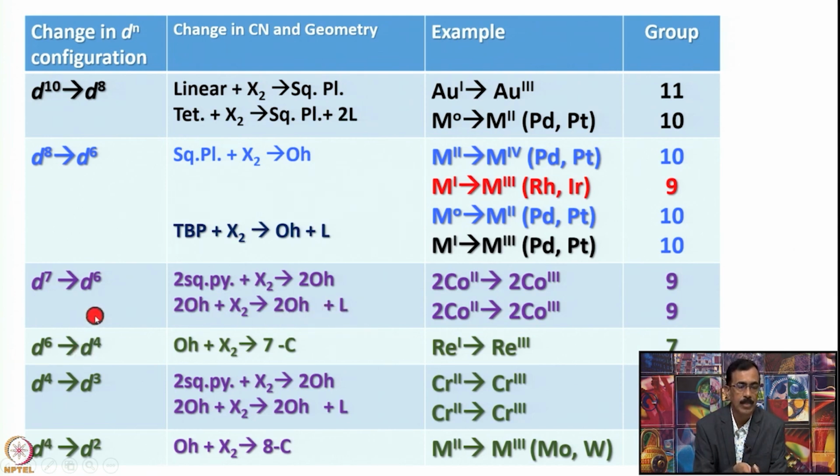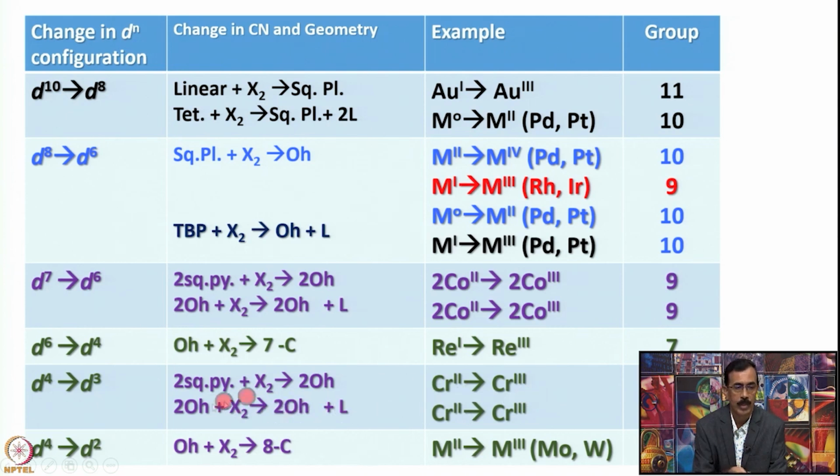And there are examples of oxidative addition with metals having d6. In that case they become d4, for example octahedral going to 7 coordinated complexes, and then losing one ligand, or it may be anionic. So example rhenium(I) to rhenium(III), group 7, and d4 to d3, again chromium(II) to chromium(III), octahedral to octahedral.